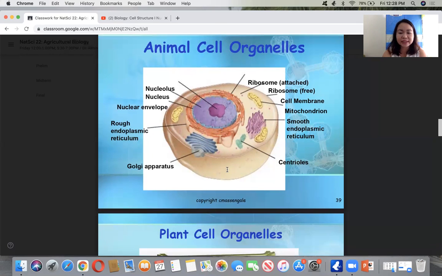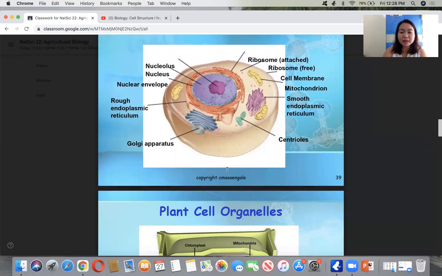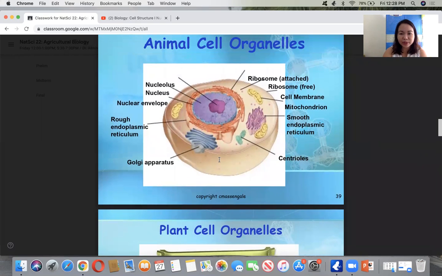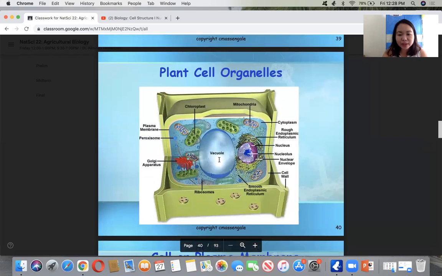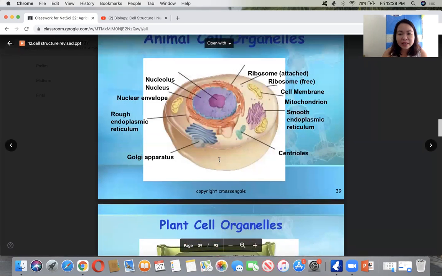So you cannot see a chloroplast here, or the green pigments, which are only found in plant cells, as well as vacuoles. It's not found in animal cells.